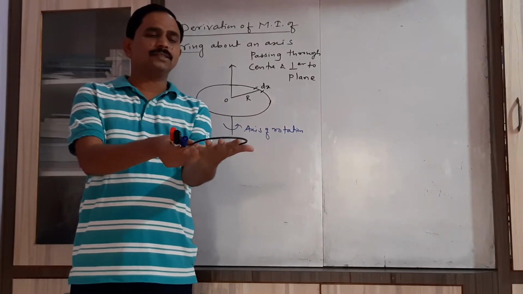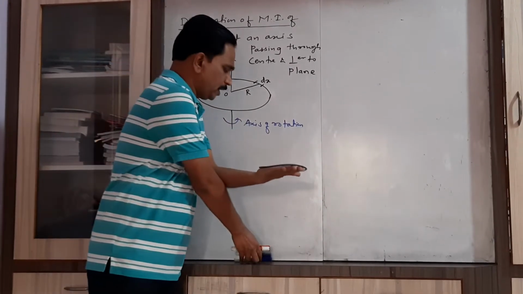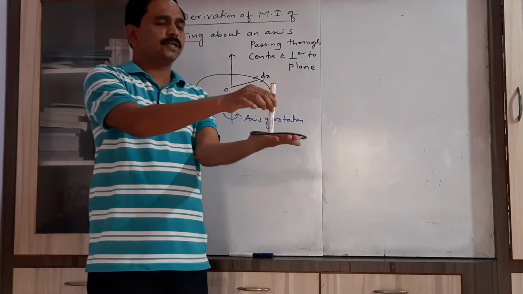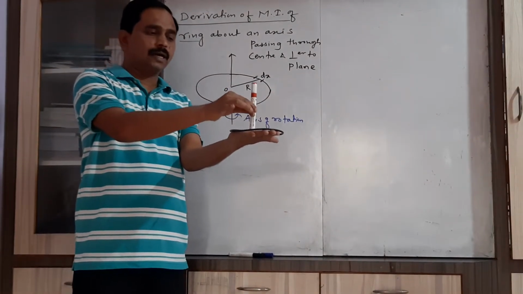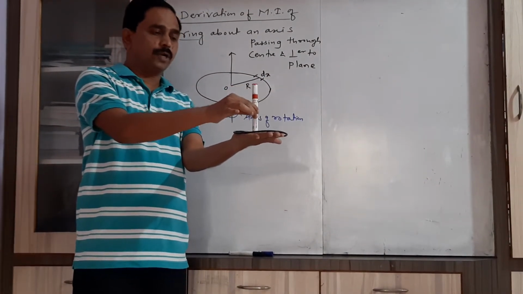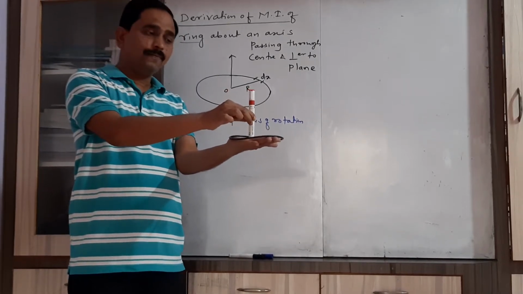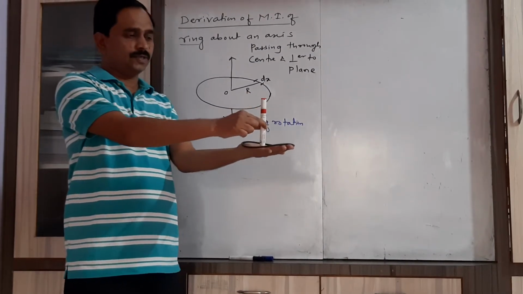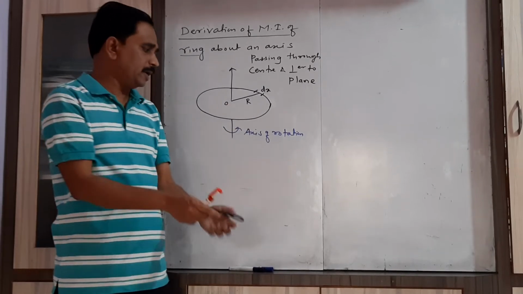Now this ring is kept in a horizontal plane, and it is rotating about an axis passing through the center. This is the axis around which the ring rotates, and this axis passes through the center and is perpendicular to the plane. So this is the situation where we have to derive the moment of inertia.